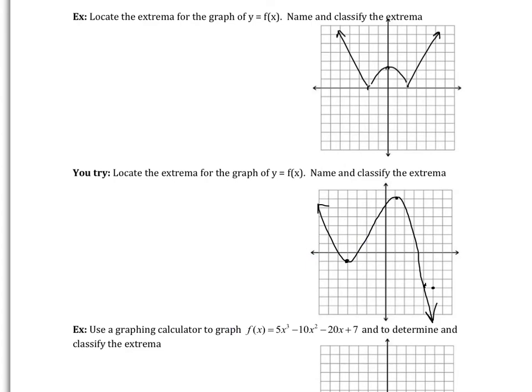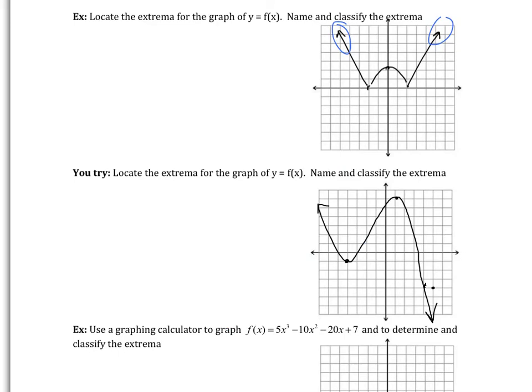So, for example, if I want to locate the extrema for the graph of y equals f of x, I'm going to name and classify them. Remember, extrema is a general term for maximums and minimums. Notice on this graph, I am increasing to both the right and the left. That means I'm not going to have any absolute maximums, because there are points outside of my range of view that are higher than any point that I can see right now.